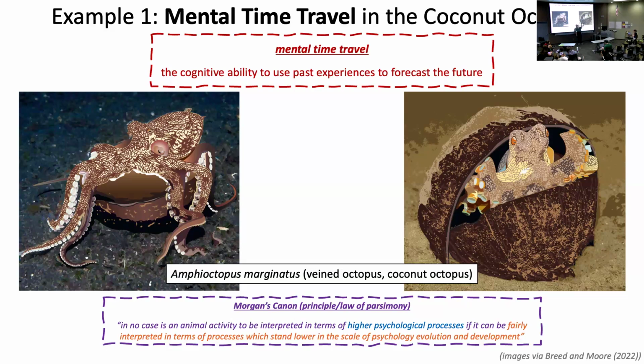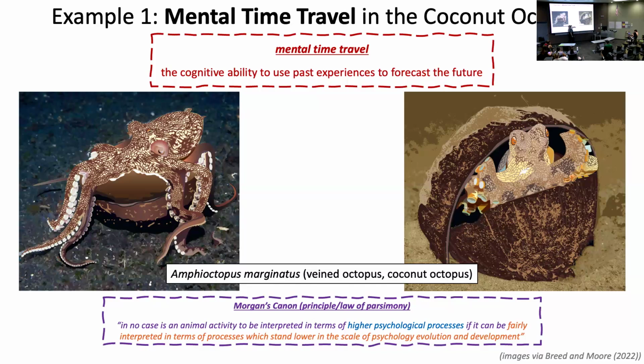Now, we don't think that this behavior of using coconut shells is very old, right? It's pretty recent because humans haven't been breaking apart coconut shells for that long. But you can also find octopus finding big bivalve shells, clam shells, and hiding in those. So they think that this has just been them transferring a behavior that they were already using with shells that were on the ground, and they turned it into these coconut shells instead.